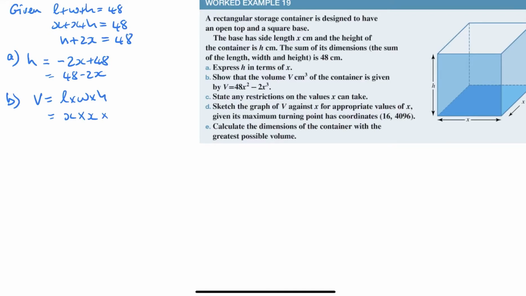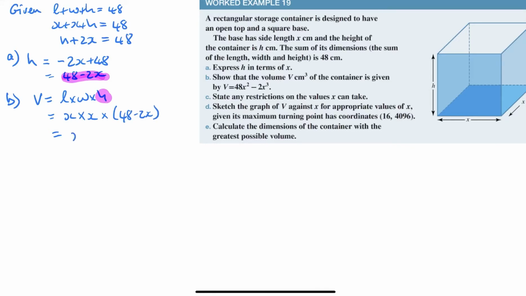But if I look at what they've given me here, there's no height there. But I have height. The height here is the same as the height here, and that's already in terms of x. So I can substitute this h with this h. And that will give me the volume equals x times x times 48 minus 2x.